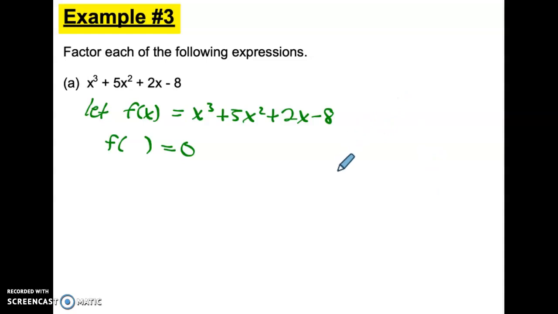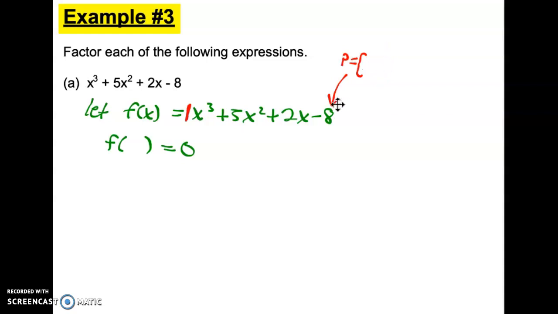Now, there are a finite number of values that you need to plug in. And the way that you can find those values is if the leading coefficient is 1, then you only actually have to look at the end value. So there you have an 8.